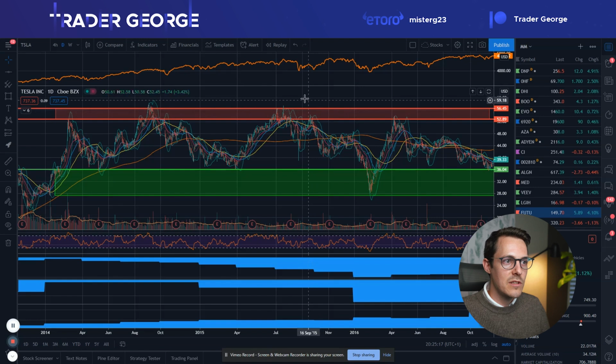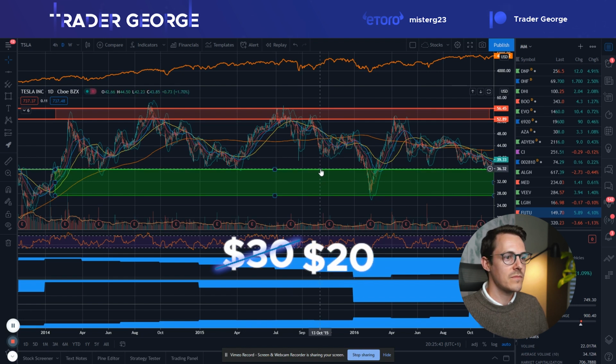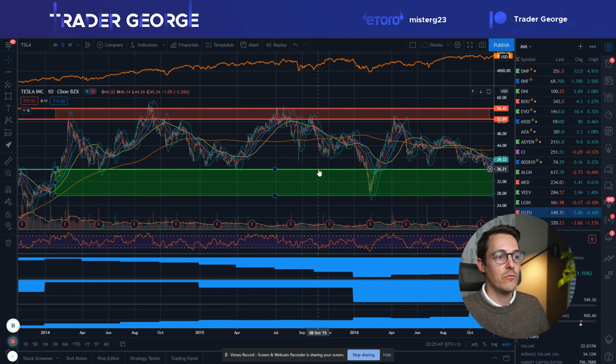But you only need to risk a very little bit and you can actually gain much more. So in this case, let's say that you manage to short Tesla around here. You could put your stop loss at 60. So you're risking from 56 to 60. You're risking about $4 per share. But you know that your profit could be all the way from 56 down to 36 or so. So $30. So that's a very appealing risk reward.